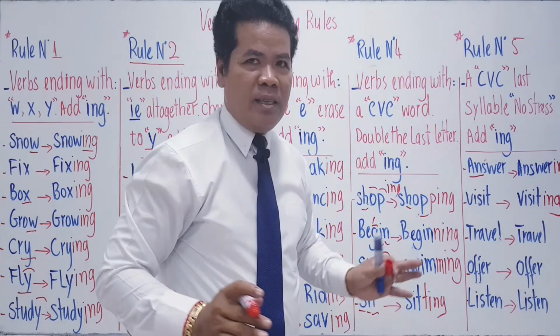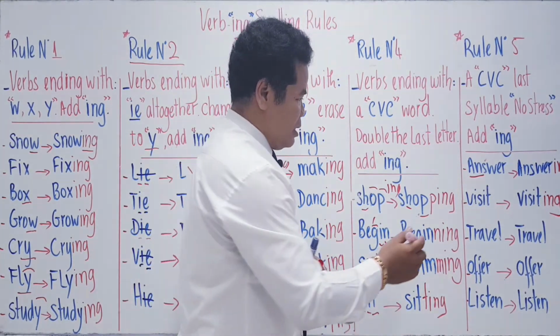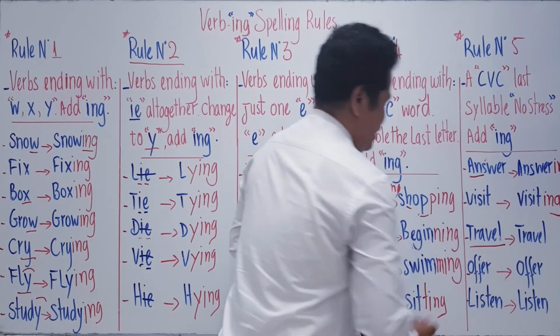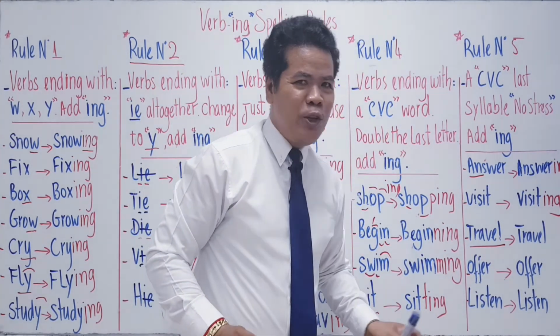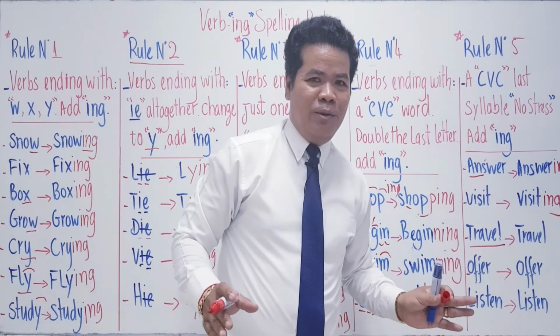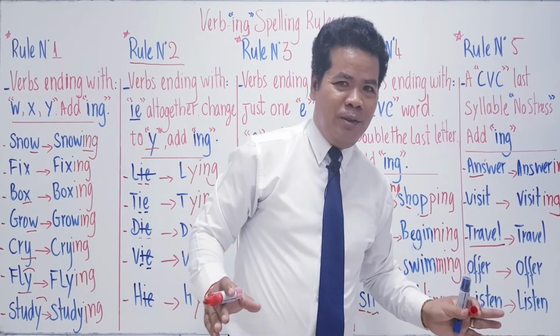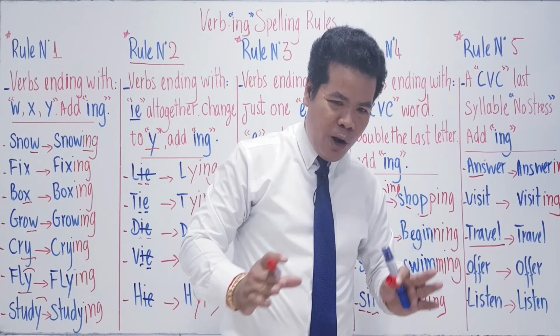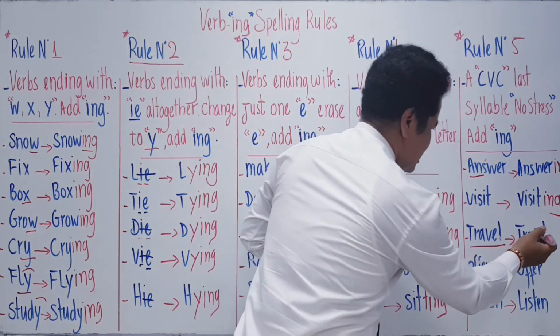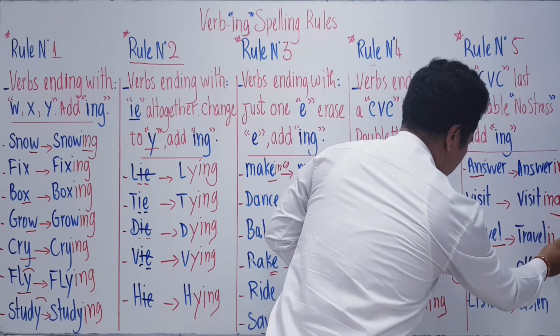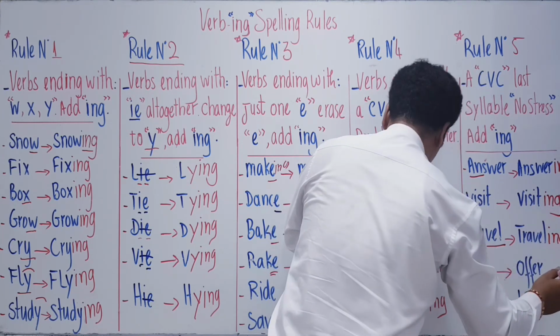Okay? Visiting. Alright? Let's go to another verb. Can you pronounce travel with stress on the second syllable, or do you pronounce travel? Travel. So in travel, there is no stress on the last syllable. So the only way you use is ing.